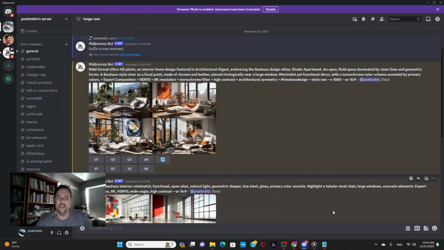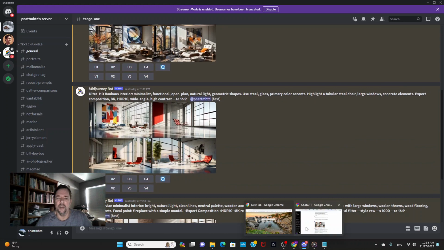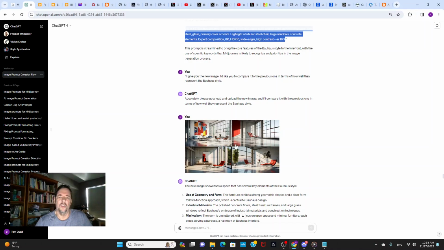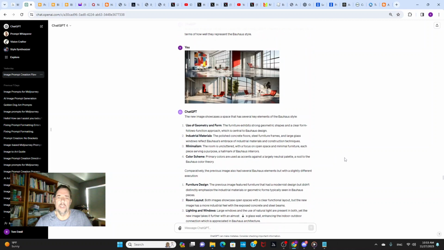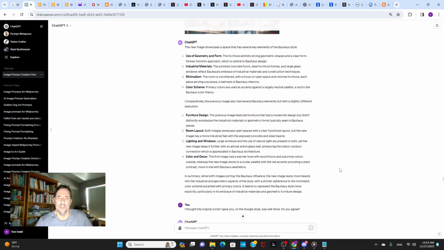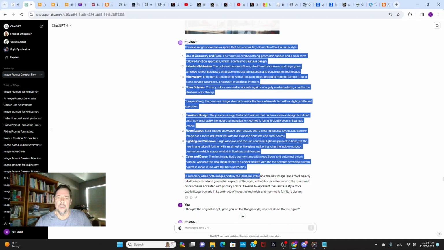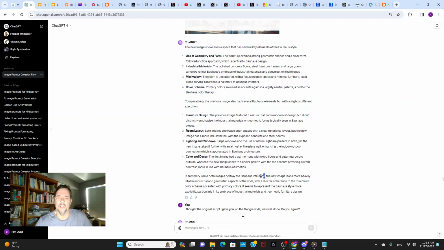And then I asked it to compare the two images, this newer one and the original one, and it gave the analysis of it. In summary, while both images portray the Bauhaus influence, it said the new image leans more heavily into the industrial and geometric aspects of the style, with a stricter adherence to the minimalist color scheme, accented with primary colors.